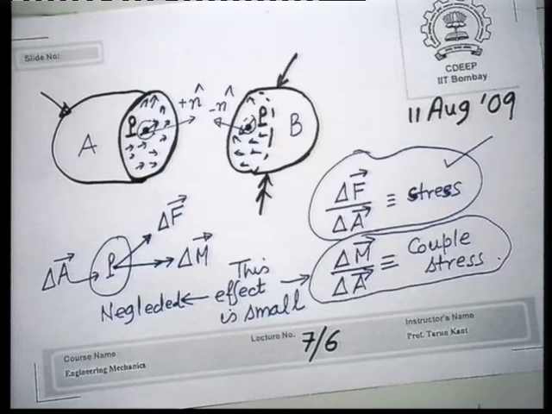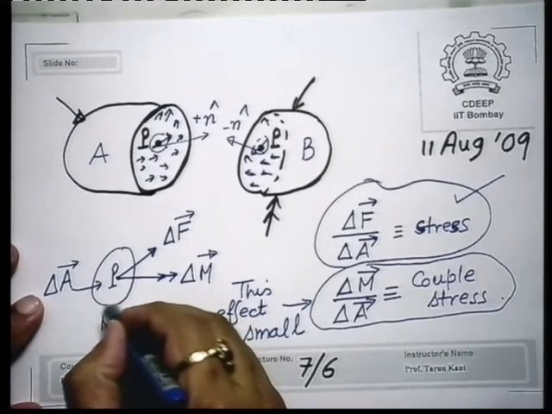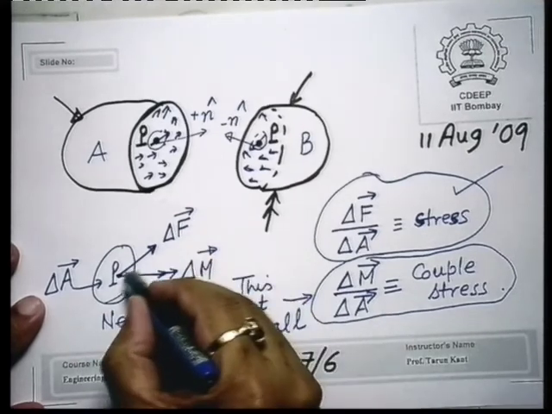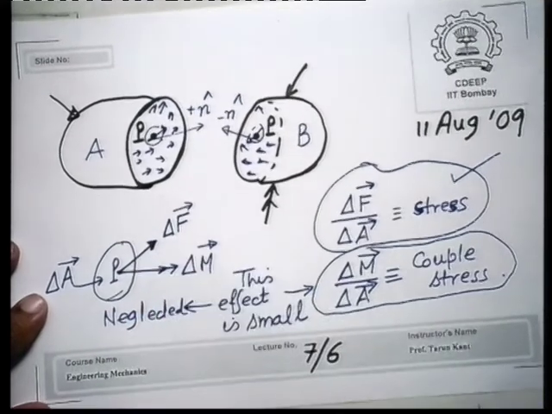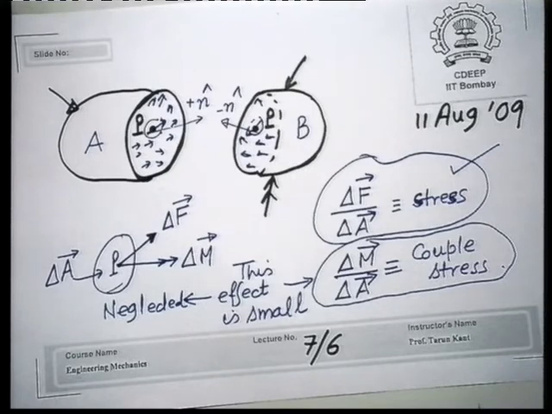So, we say that each particle is subjected to a small force distribution delta F, and that divided by area is defined as stress. Now there is a lot of confusion here.